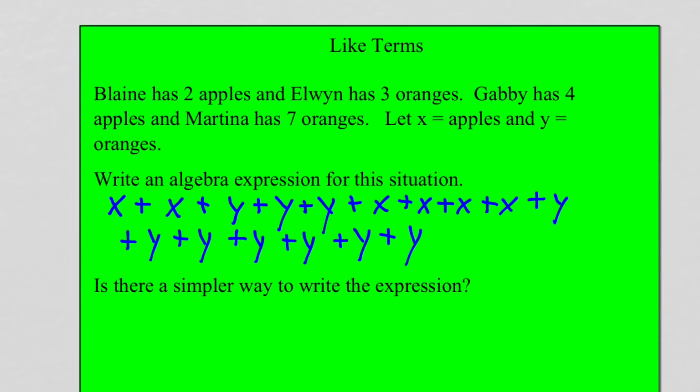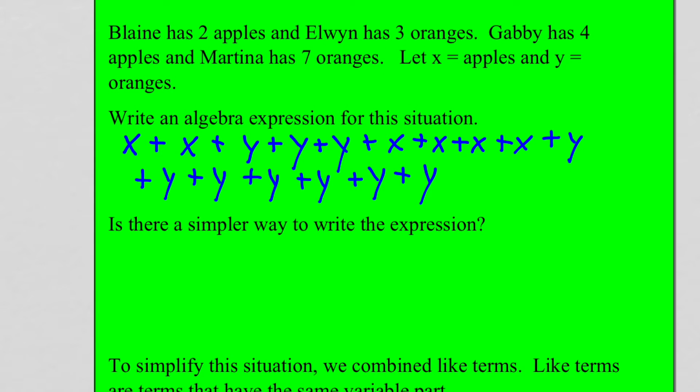Now, there's got to be a simpler way to write this. So let's combine all of our apples and combine all of our oranges. Blaine had 2 apples or 2x, and Gabby had 4 apples or 4x.